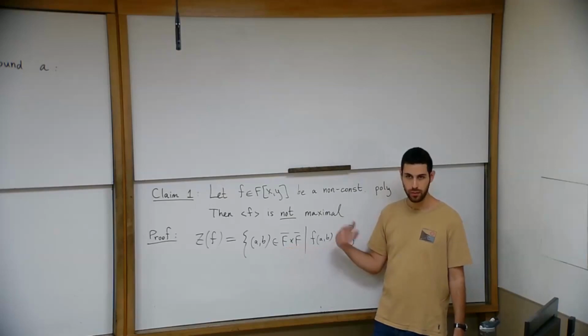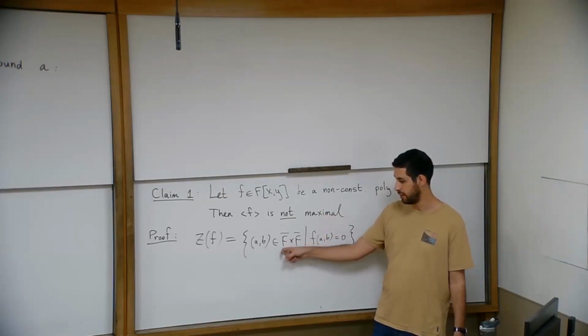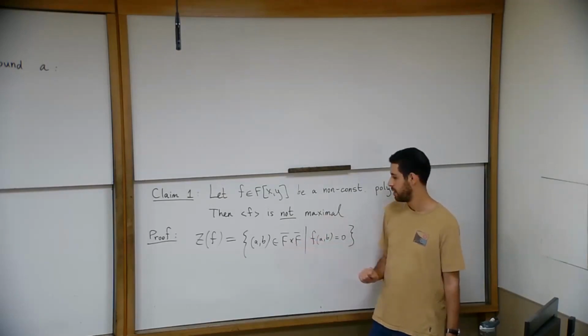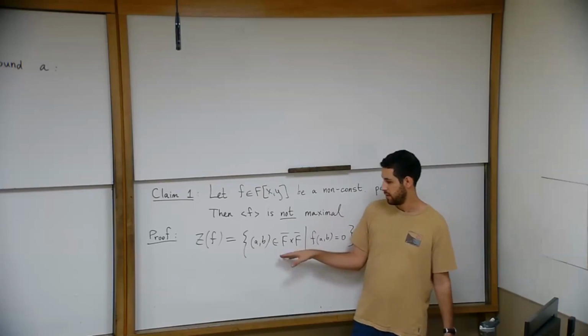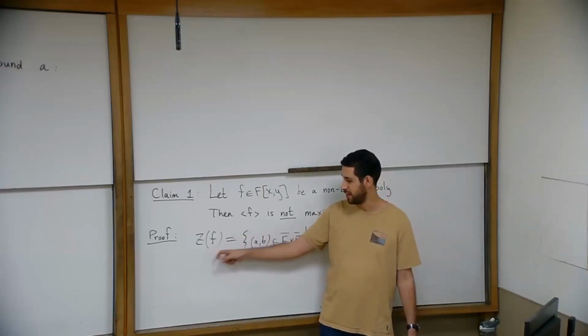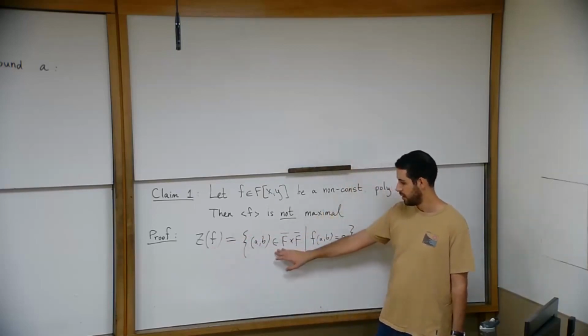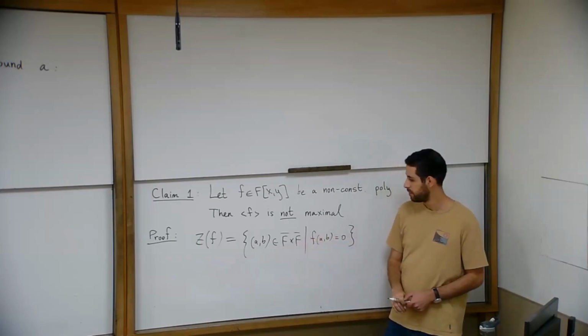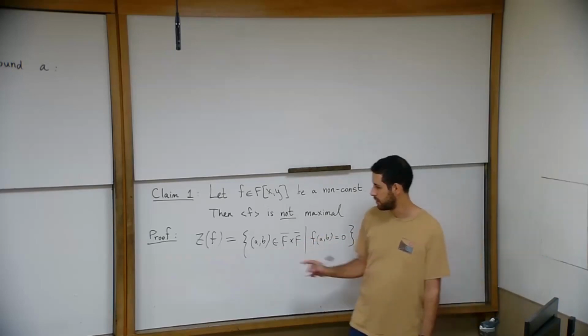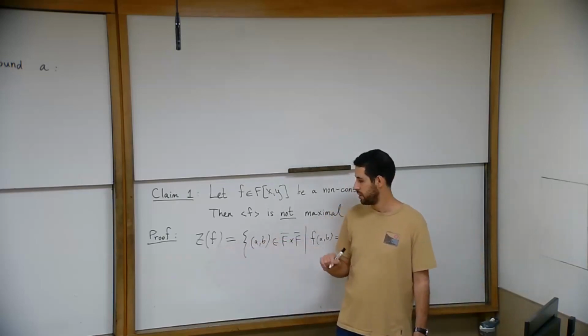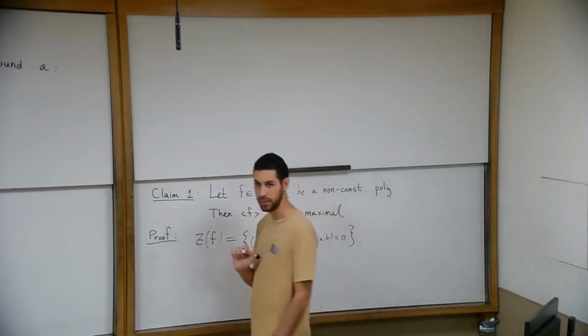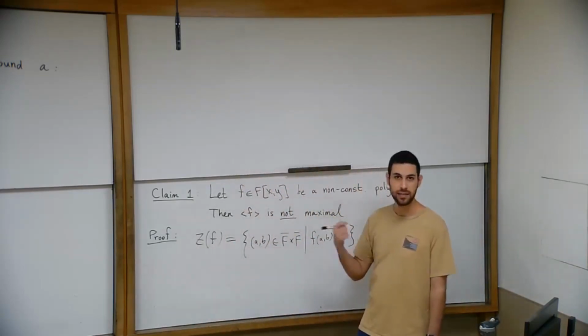Here we take F bar. We can also take some other field, like F times F, and of course it will change the curve that we obtain. But for today, we'll only consider this curve. What we showed last time is that this set Z(F) is non-empty, and in fact is infinite.